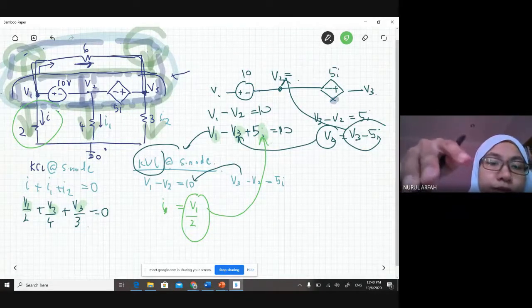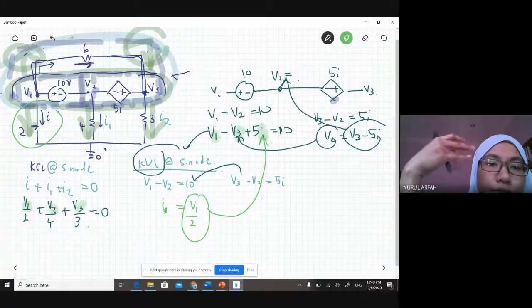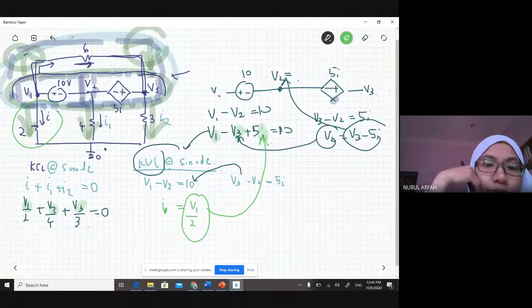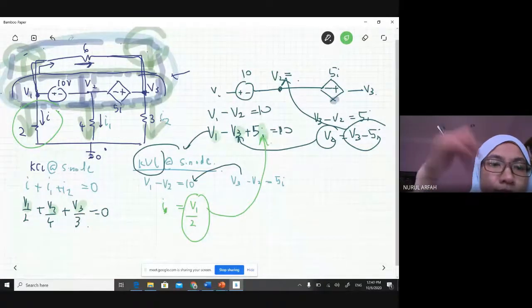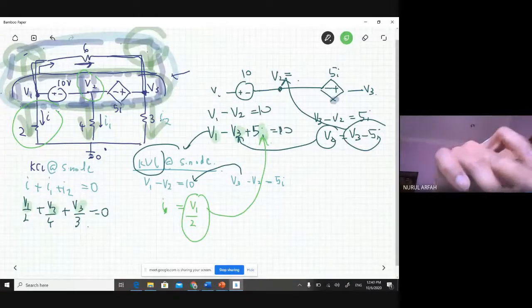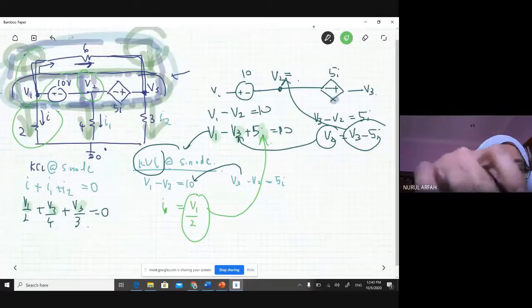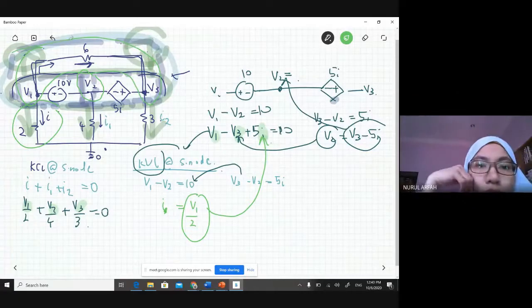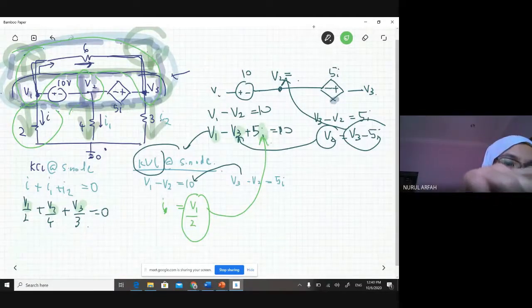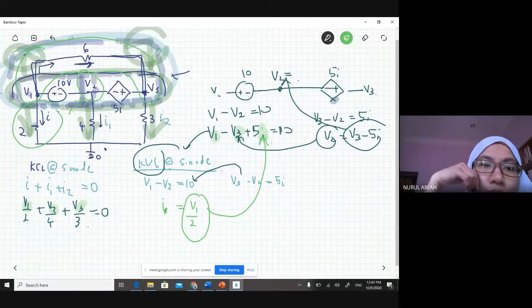If you want to have 3 unknowns, then you need at least 3 equations there. So where is the other equation? Is that here? Or is that here? I think in the middle. This V2. V2 equations.